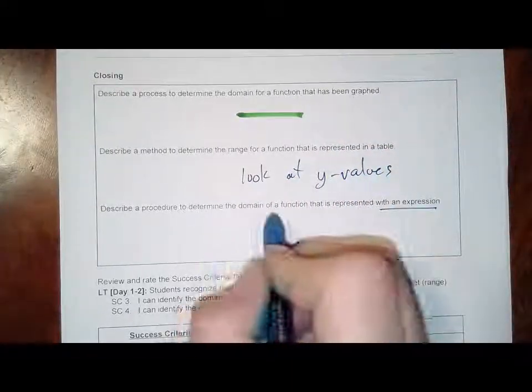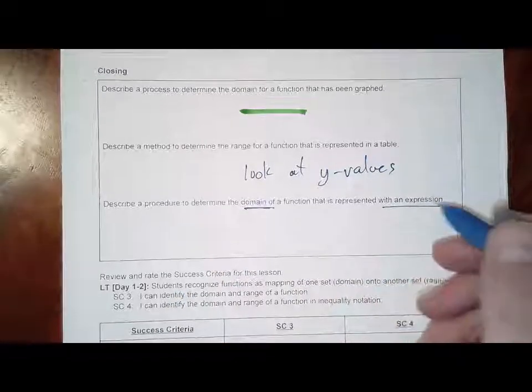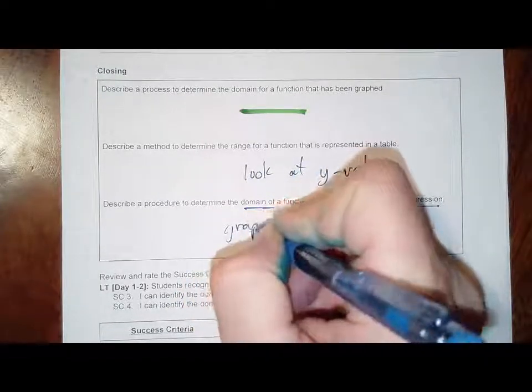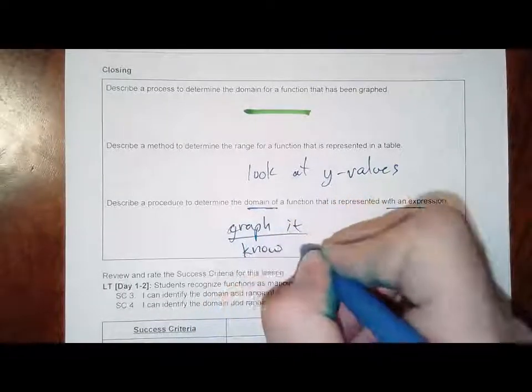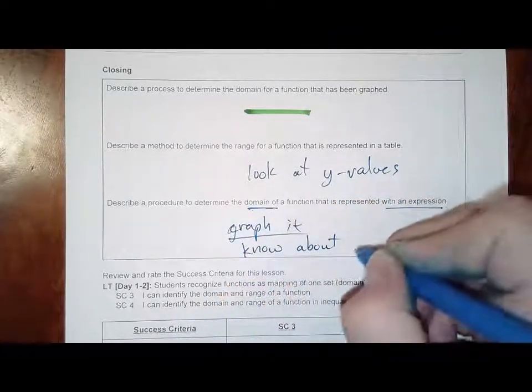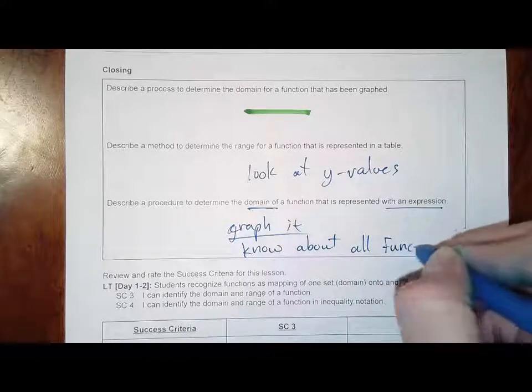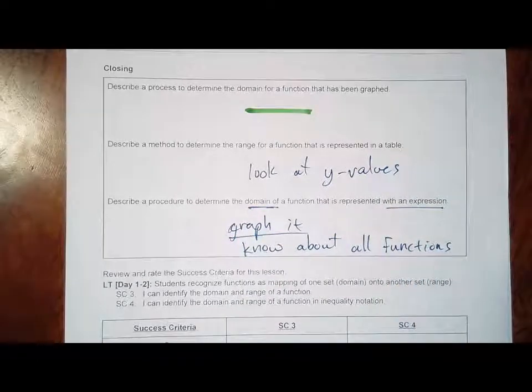And with an expression, to determine the domain, you probably want to graph it. You probably want to know about all types of functions. And that'll give you at least an idea of how to respond for the domain when something typical comes up.